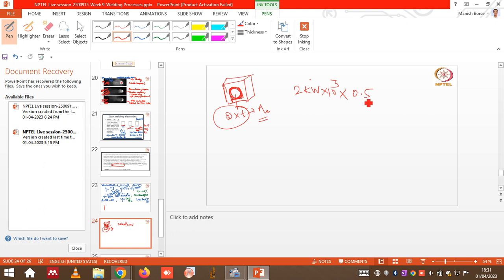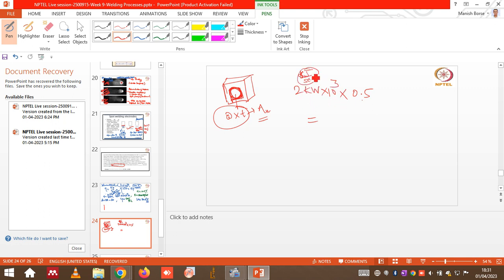So 50% is going waste, so we have to multiply that with the input power. Kilowatt means kilojoule per second, and here we are multiplying with 10 raised to 3, so the unit of the LHS is joule per second.